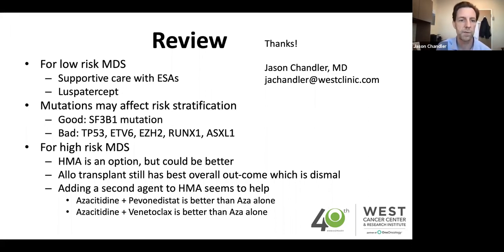In general, SF3B1 is a good one, and TP53, the other ones listed, including RUNX1 and AXL, are poor risk. If a patient is a high-risk MDS patient, they have very poor clinical outcomes, with the only thing really working being Allo transplant. But new combinations are on the horizon.